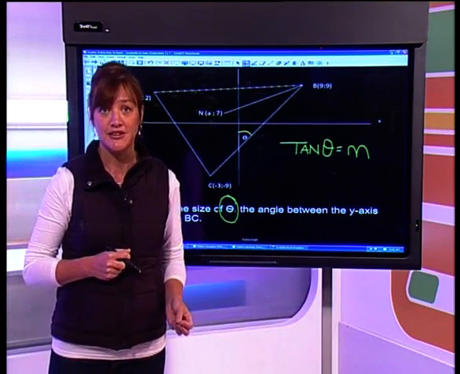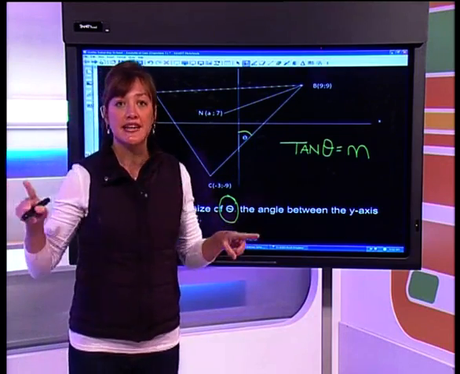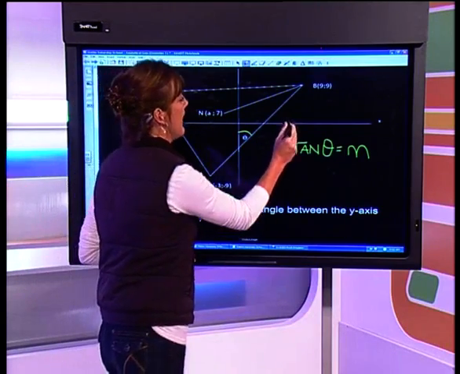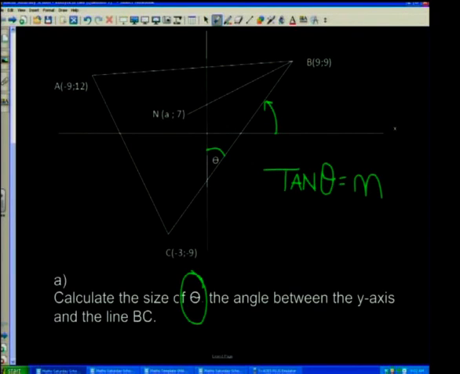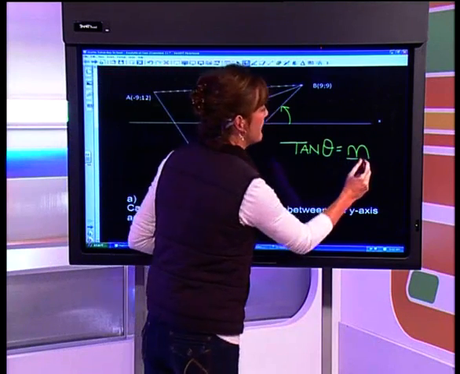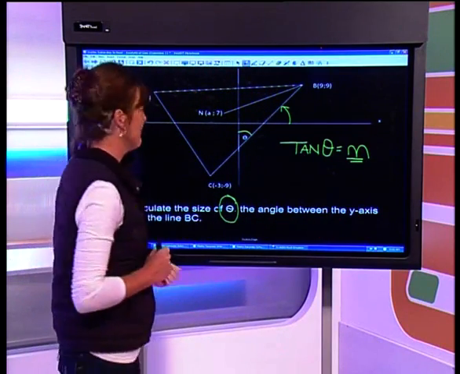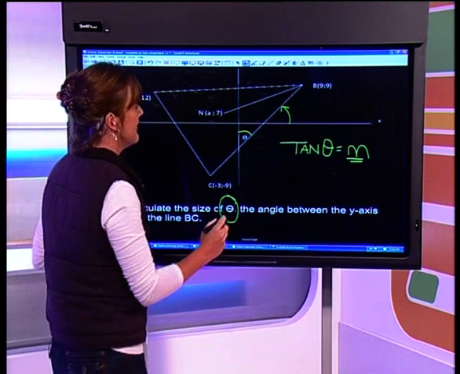The next thing about inclination is that your angle of inclination is always the angle created between the x-axis and the line we are talking about. So we're talking about line BC. The first thing we have to do is work out the gradient of line BC. So let's get going with that.